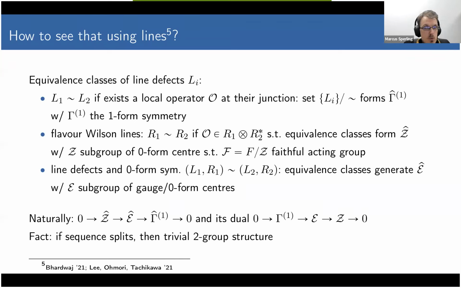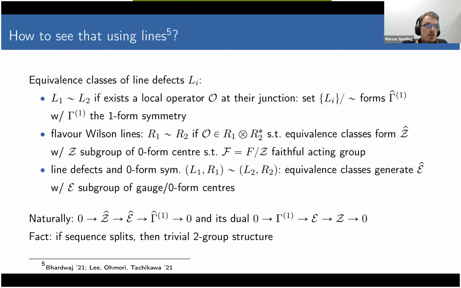We consider equivalence classes of line defects. We say that two line defects are equivalent if there exists a local operator at their junction. And then you can just consider the set of these equivalence classes. For the theories that are considered here, they form abelian finite groups. And then you might ask, what is the importance of this abelian finite group that I denote with Gamma^(1) hat?